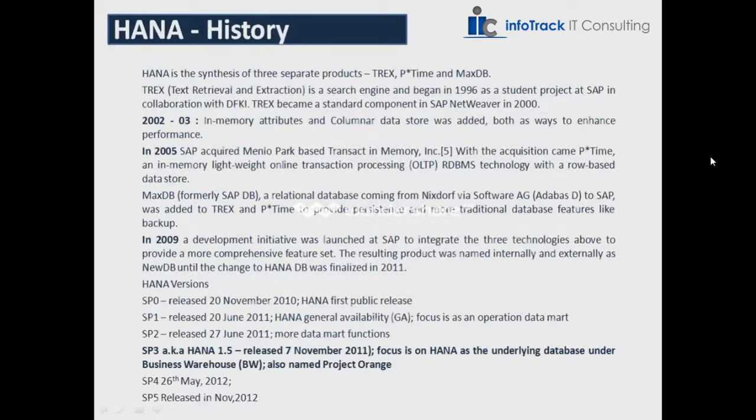Okay, first we'll start with the history of HANA. HANA is the synthesis of 3 separate products: TREX, P*TIME, and MaxDB. MaxDB is the original and traditional database of SAP. TREX, text retrieval and extraction, is the search engine used by SAP, and it began in 1996.